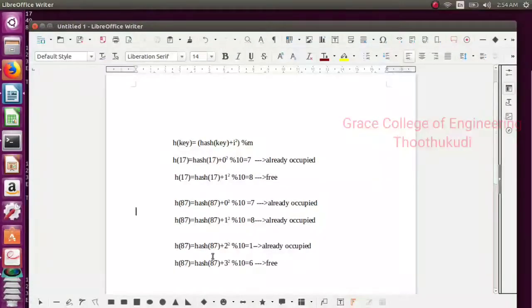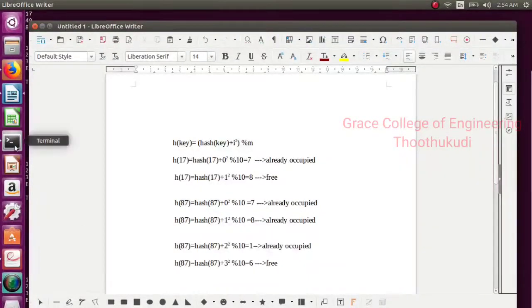The next one, the value of i is 2, and the answer is 1, which is also occupied. Then you put i as 3, and the answer is 6. So the sixth location is free. Then you move the table 6 positions ahead and place the element.